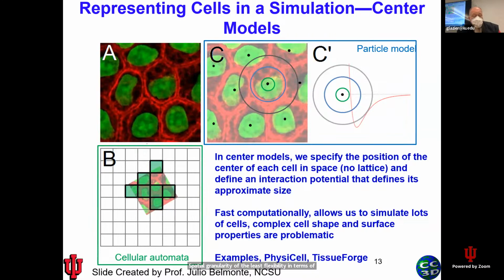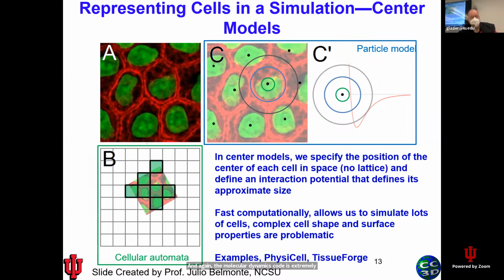Another way to do things is to use what we think of as more of a molecular dynamics approach, where we say we're going to specify the center, maybe the nuclear position or the center of mass of every cell, and say the cell behaves roughly like a spherical object with some radius of interaction. And again, the molecular dynamics code is extremely optimized to solve these kinds of problems.